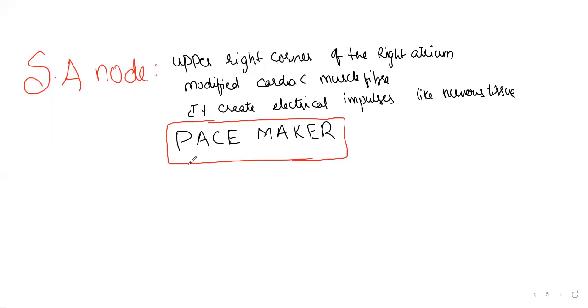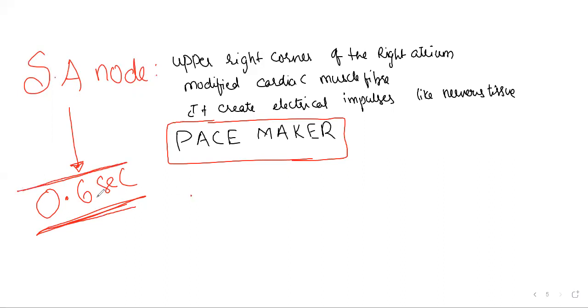That we can see as usual. And the interesting thing here is, the SA node can create electrical impulses every 0.6 seconds. So one heartbeat, that means this is the maximum. For every 0.6 seconds, it can create a heartbeat.